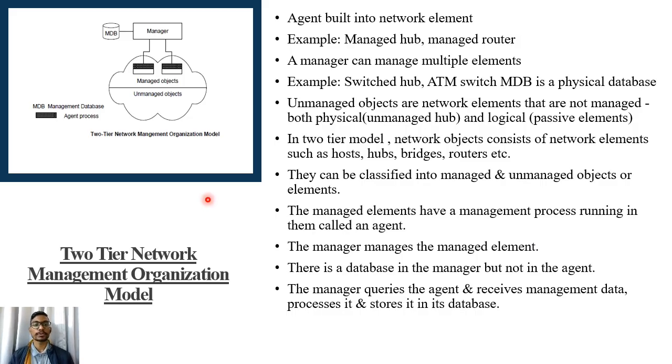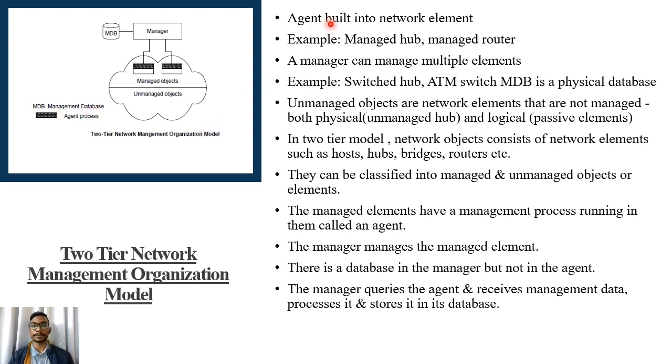Now the two-tier network management organization model. As you can see in this figure, the MDB is connected to the manager, and the manager is connected to this dark line, which is known as the agent processes. These agents are connected to the managed objects, which follow the protocol. MDB stands for management database.